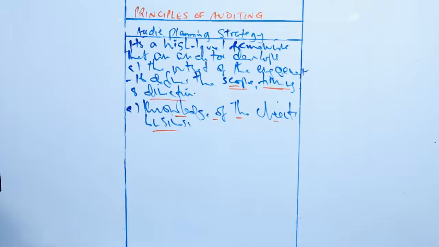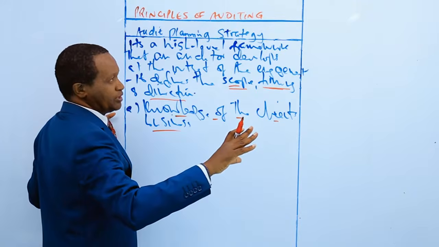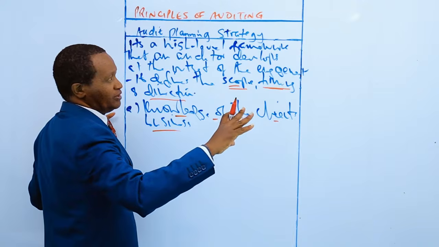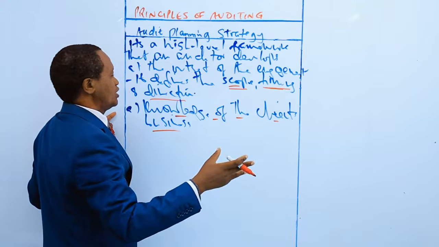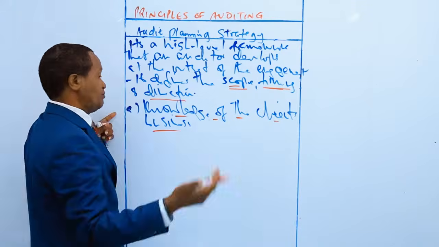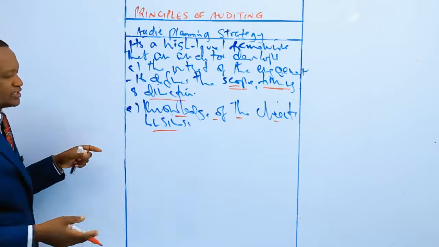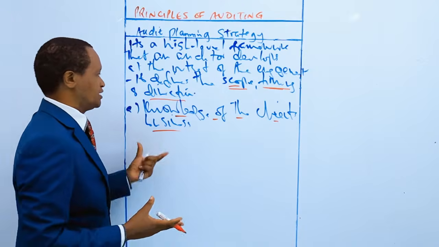For instance, an audit of a bank, say in Nairobi, will differ significantly from an audit of a manufacturing plant due to varying regulatory requirements and operational risks. A bank and a manufacturing company operate in different legal regulatory frameworks. So the knowledge that is required of an auditor when auditing a bank is quite different from when he's auditing a manufacturing company. So it's important to understand the intricate web of the operations of the client business.